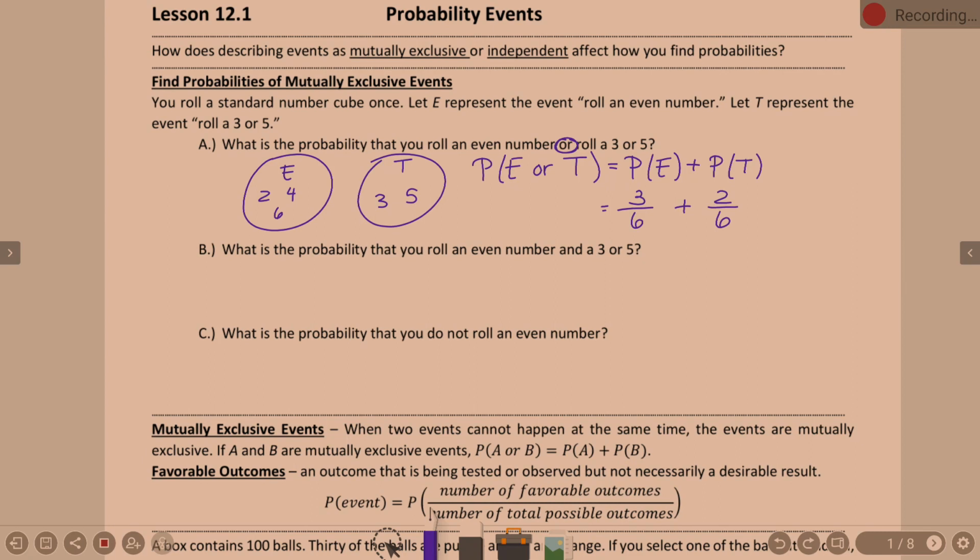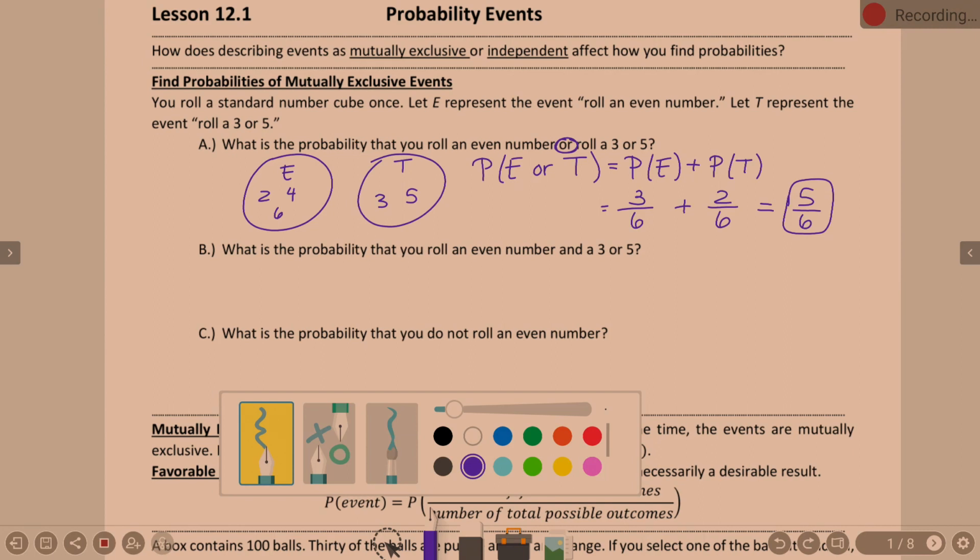And 3/6 plus 2/6 is indeed 5/6, yes? Some of you are going to say I went to a lot of extra work. Yes, I know, but I'm building for future problems, okay? So that's where it comes from. I'm not going to argue that you could have just counted and got 5 out of 6. Okay?